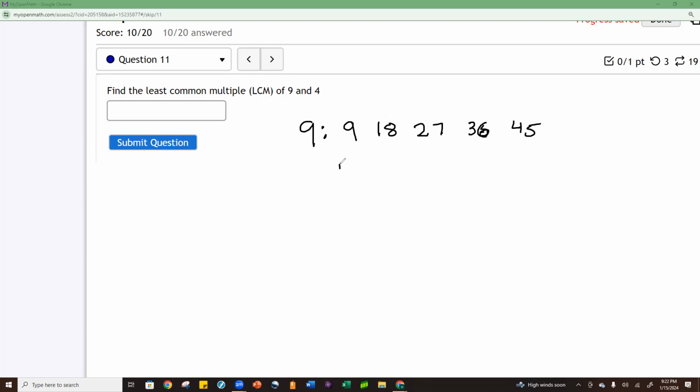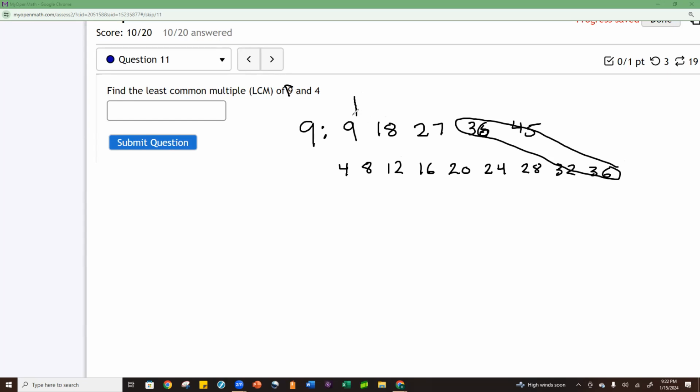If I count by 4s, 24, 28, 32, 36. 36 is the smallest one they both have. One trick is to count by the bigger number and then go, does 4 go into 9? No. Does 4 go into 18? No. And so on until you get the number that works for both.